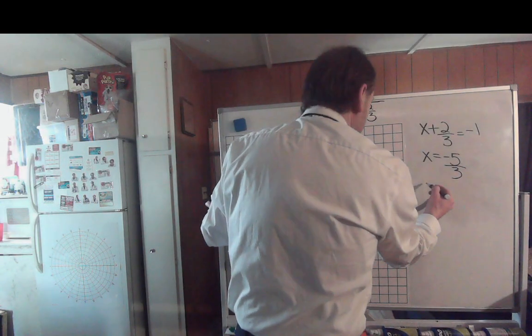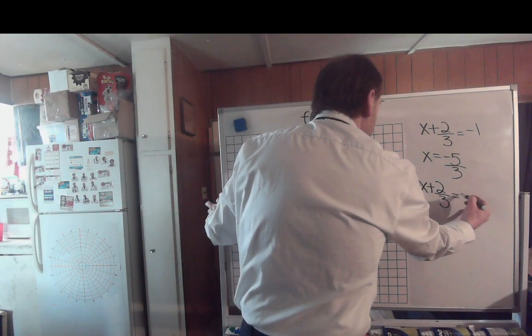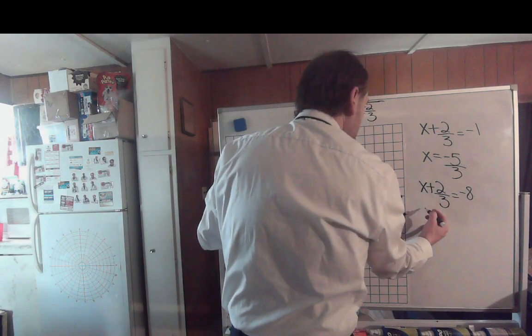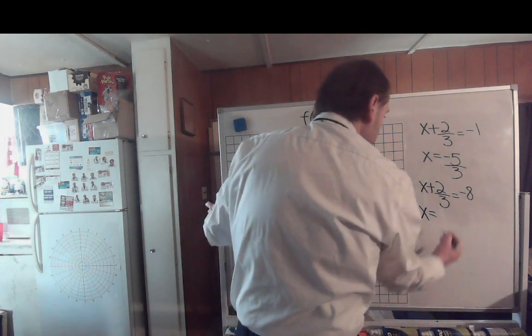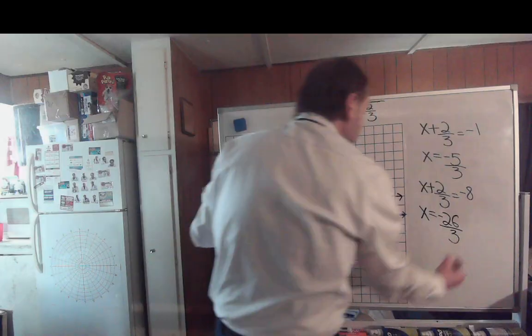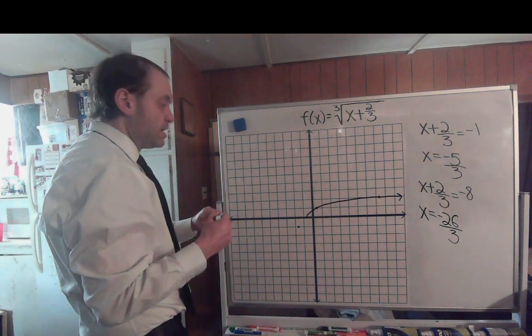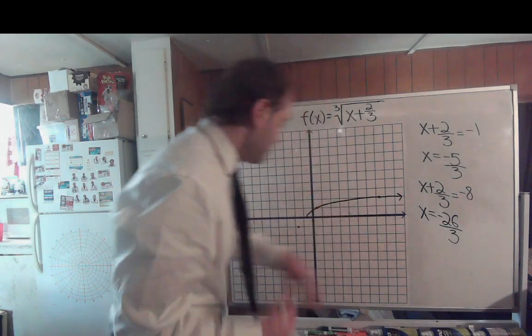And then let's set x plus 2/3 equal to negative 8, which would then give you that x would equal negative 26/3, which would end up being negative 8 2/3.